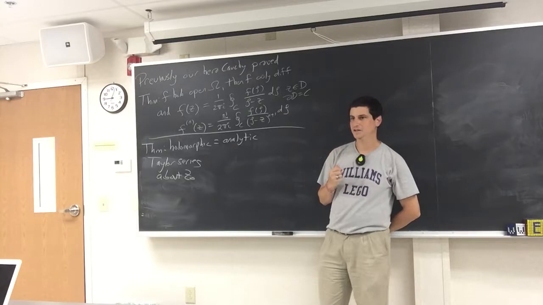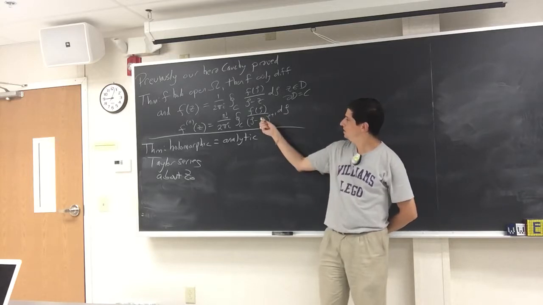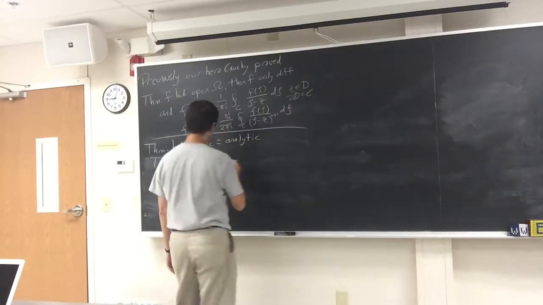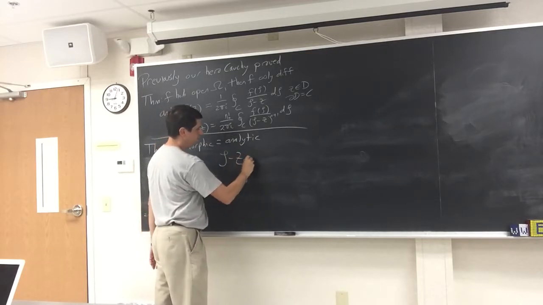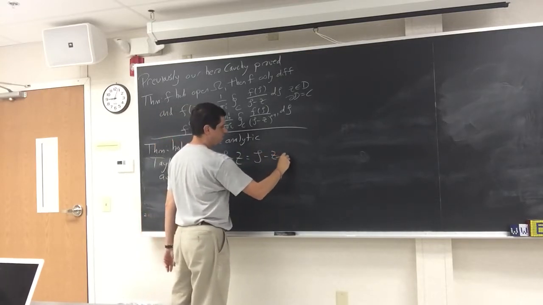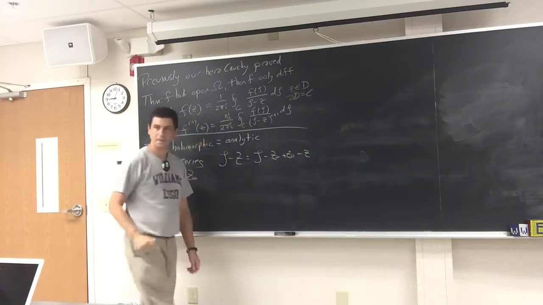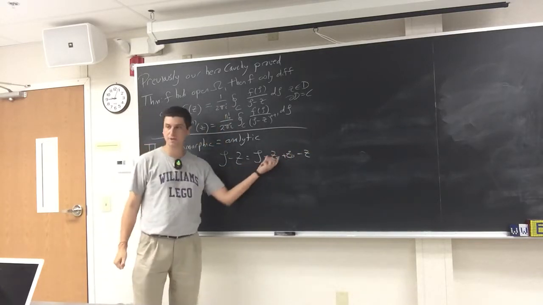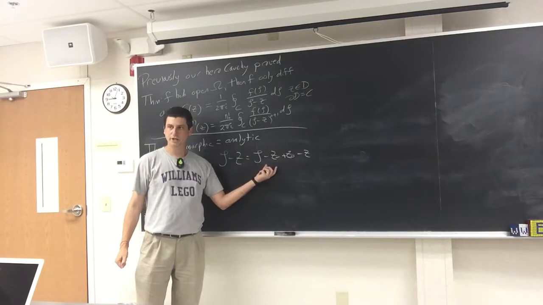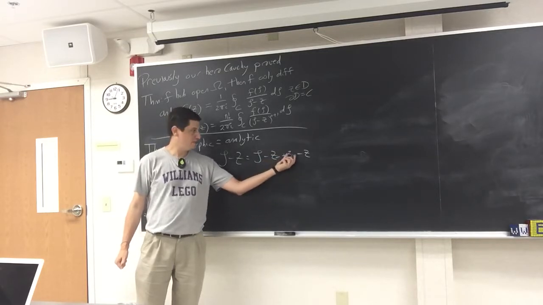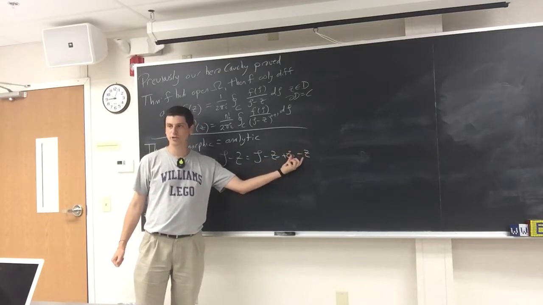You could add 0 on the bottom, so do zeta minus z plus z0 minus z0. Yeah, so let's do zeta minus z is zeta minus z0 plus z0 minus z. And if I'm trying to do a Taylor series expansion about the point z0, z0 and z are going to be very close to each other.